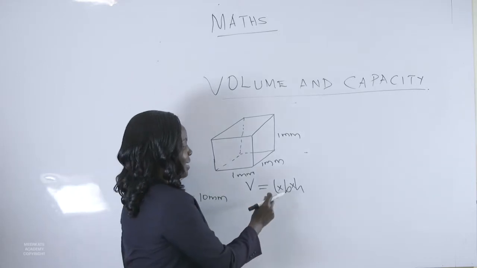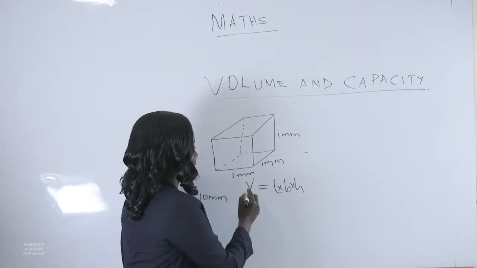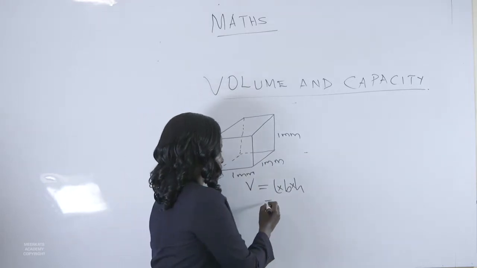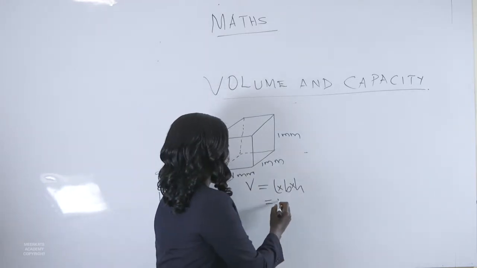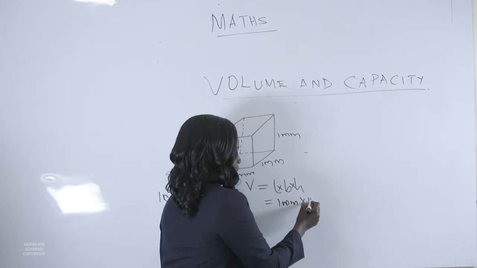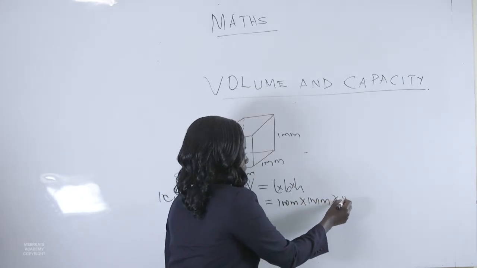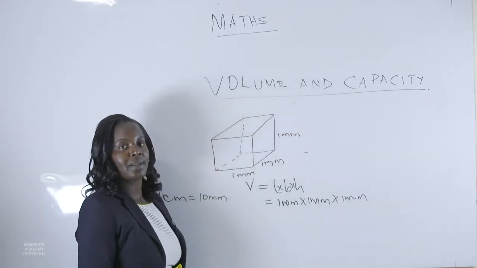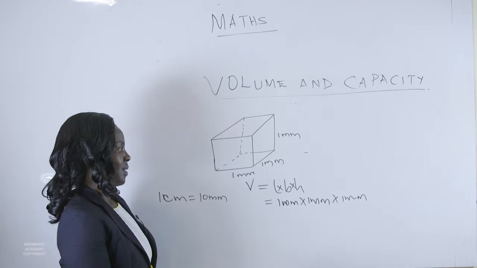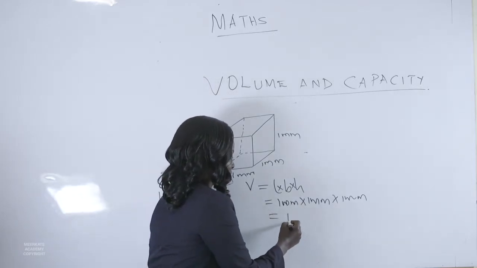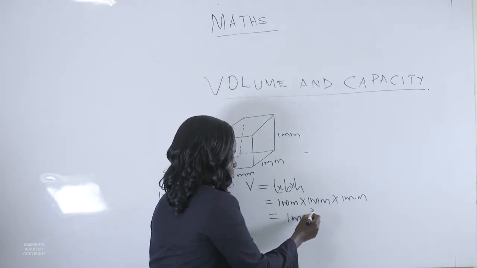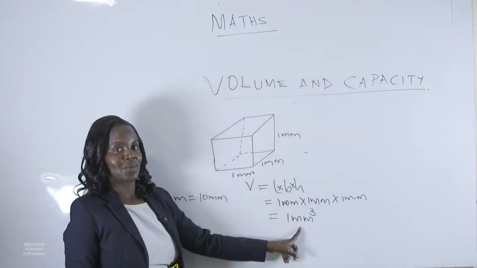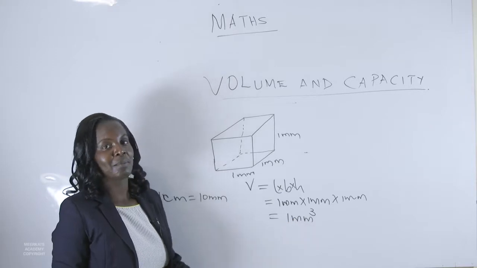If our measurement is 1 by 1 by 1 millimeter, then we can substitute in our formula, and we have 1 millimeter. What then do we have? 1 cubic millimeter.